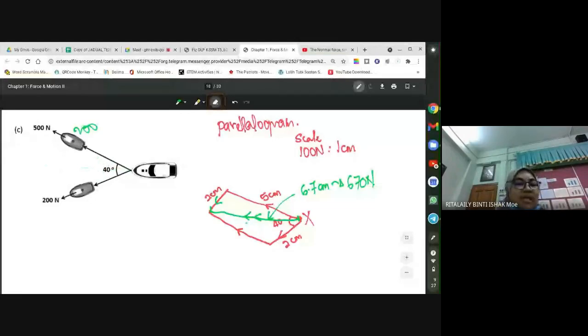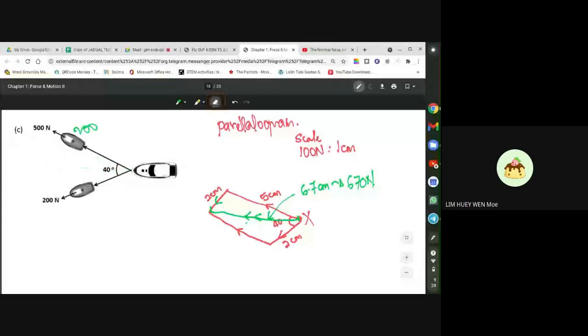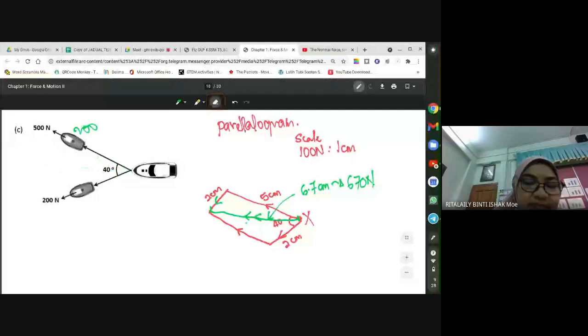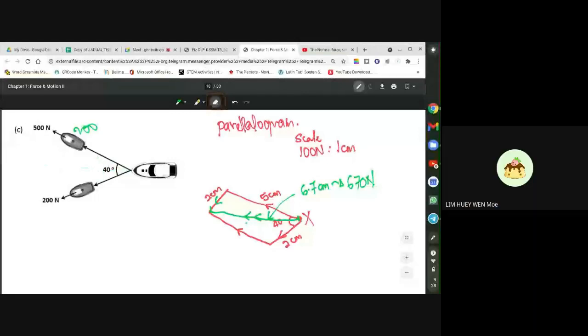So that is why you get different answers. But if I draw a parallelogram, I get the other angle, the opposite side of 40 degrees, because if two sides are parallel, then the sum of these two angles is 180.